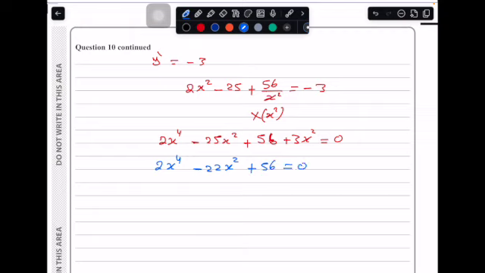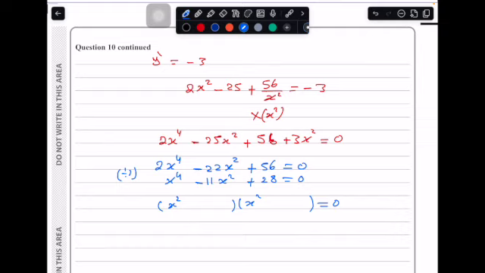Now for the solution, we have to factorize, or you can also divide by 2 first. Dividing by 2, it will be x to the power of 4 minus 11x squared plus 28 equals 0. Then factorize.